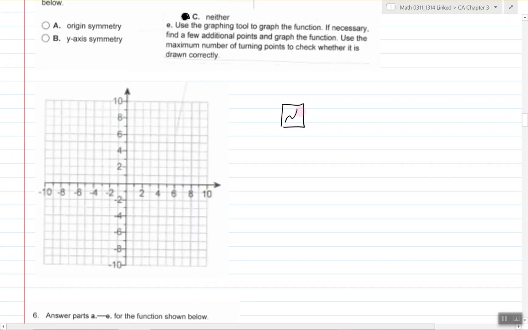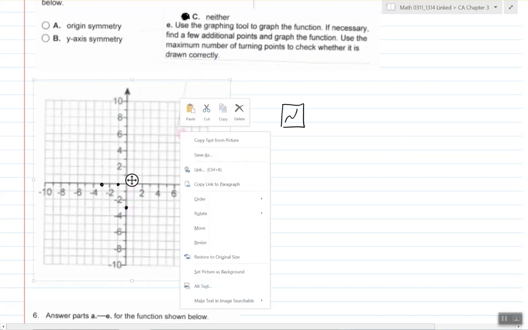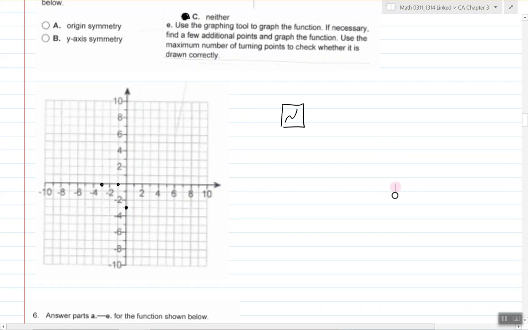And my x-intercepts were at -3 and -1, and the y-intercept was at -3, and then I had an additional x-intercept here.